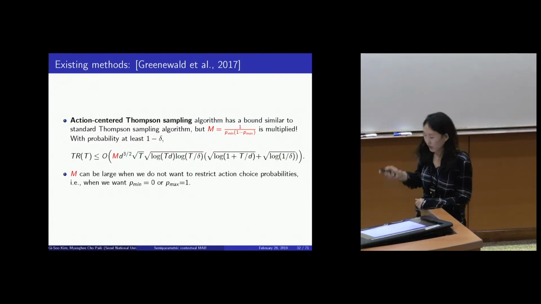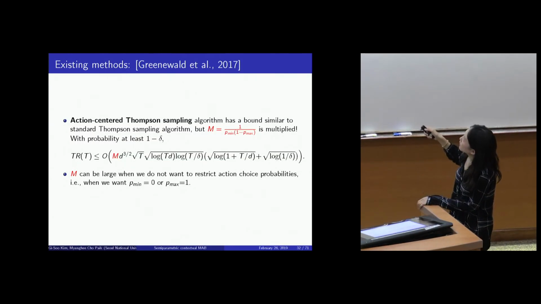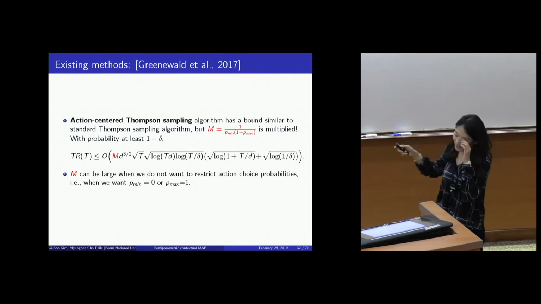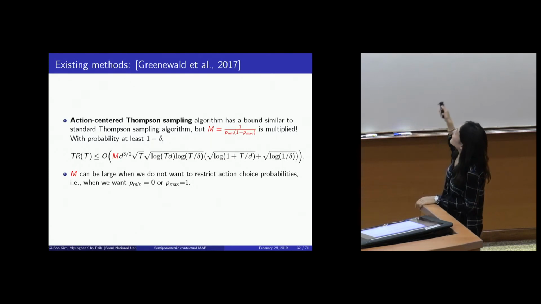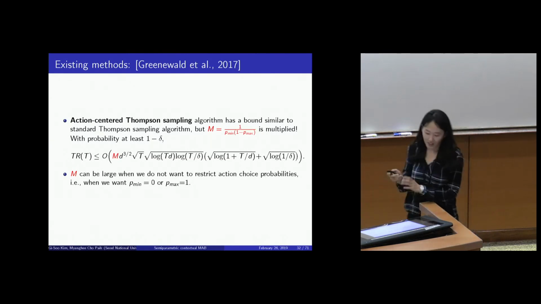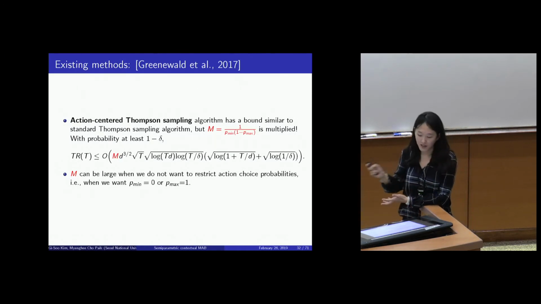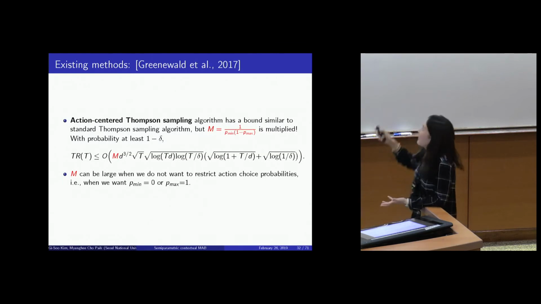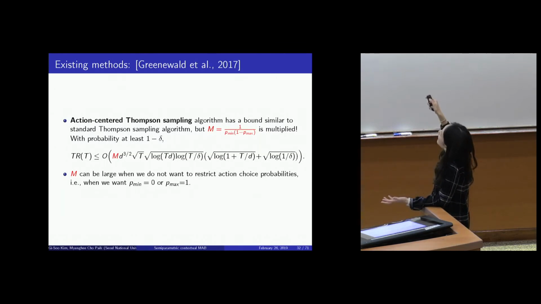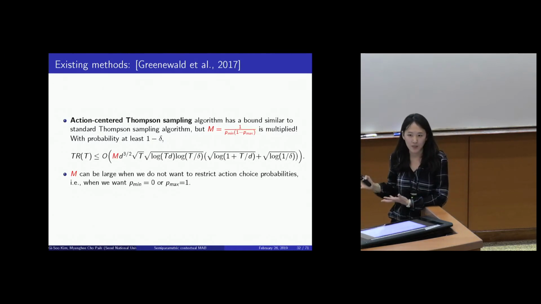Because the sum of regret is bounded by a term that is comparable to the original Thompson sampling algorithm for linear models. However, in fact, in this bound, a constant m is multiplied here, which is 1 over p min times 1 minus p max.